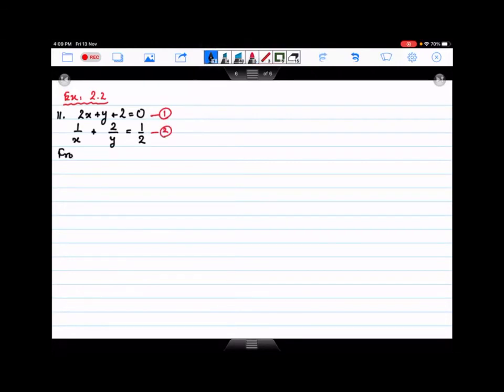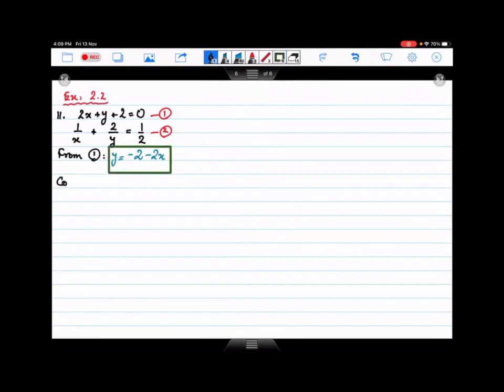So now I can find the value from equation 1. So let's say I'm taking out the value of y. So it should be minus 2 minus 2x. So we have the value of y here. So we should be putting the value in equation 2.